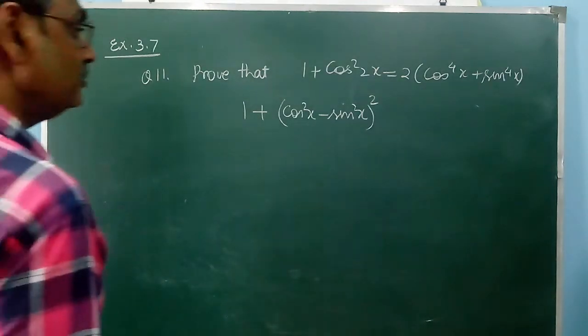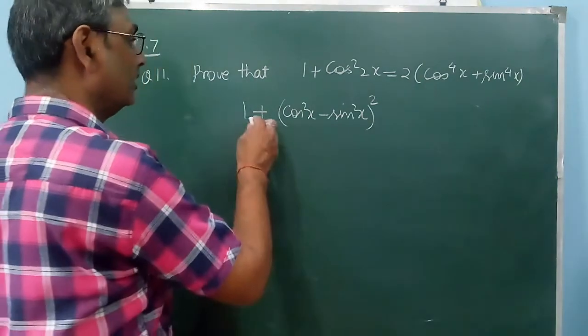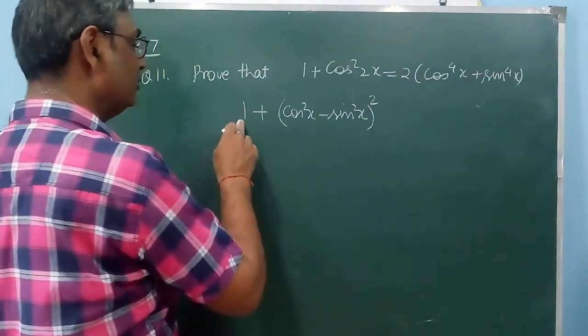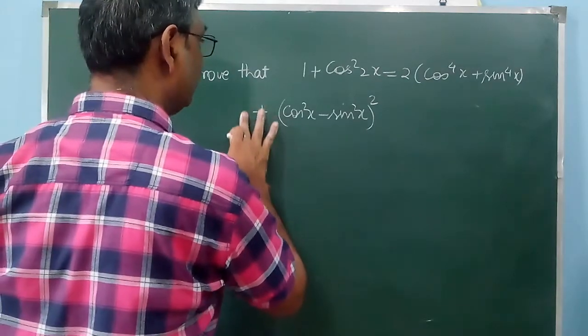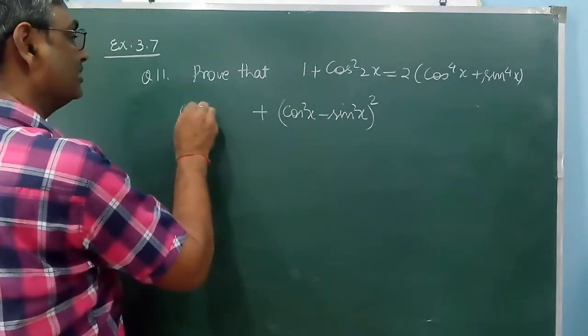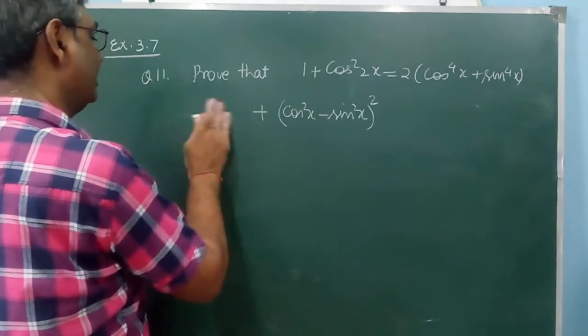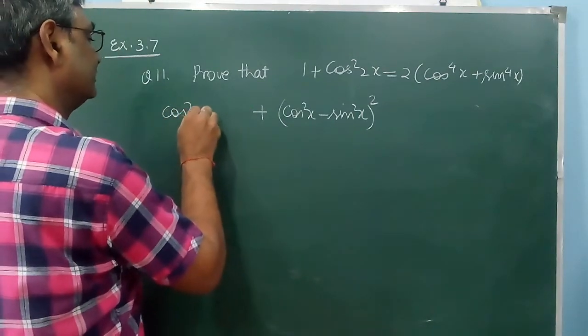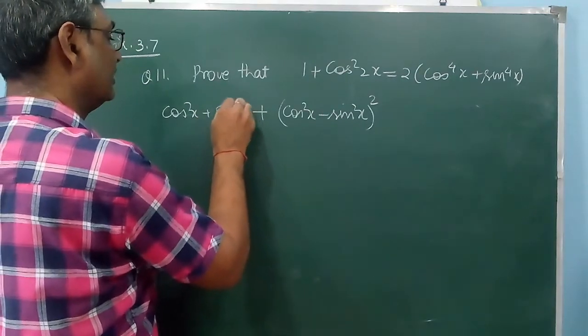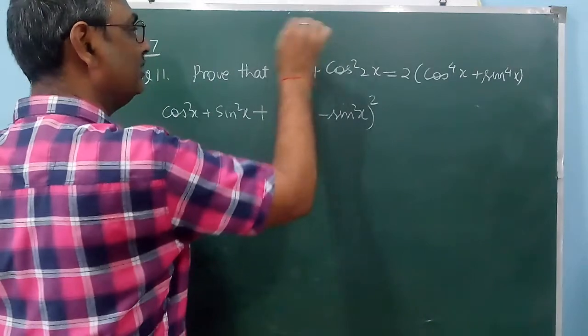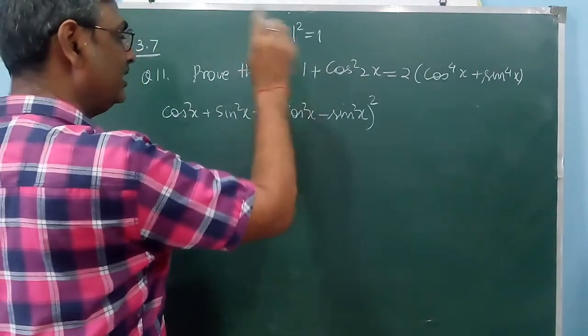So what should I do? Here also, for 1, I can write cos square x plus sin square x. And one thing is there, you know that 1 square is equal to 1.